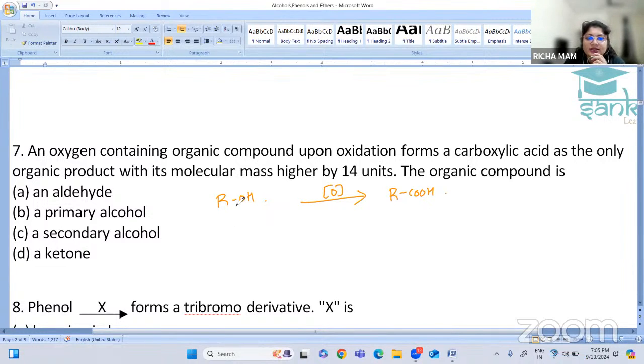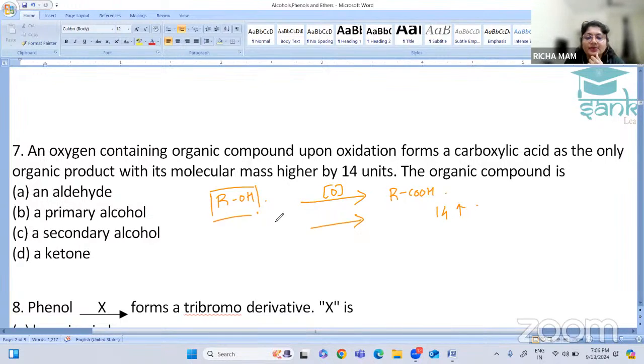So here you can see there is an addition of carbon and oxygen, so there can be an increase in weight, right? Whenever you have a primary alcohol and you do oxidation, you get a carboxylic acid. They said that after oxidation, there is an increase of molecular weight by 14 units.